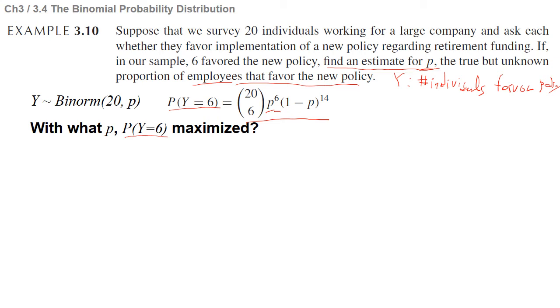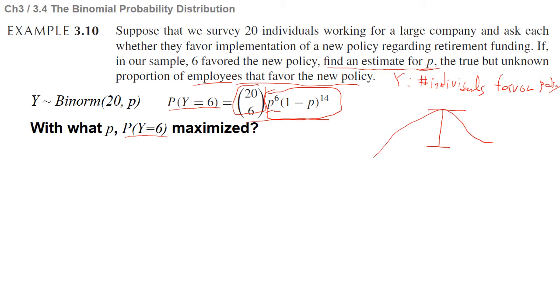This part is constant and this part is a function of p, and we want to find the p that maximizes this value. Okay, so that's the problem.